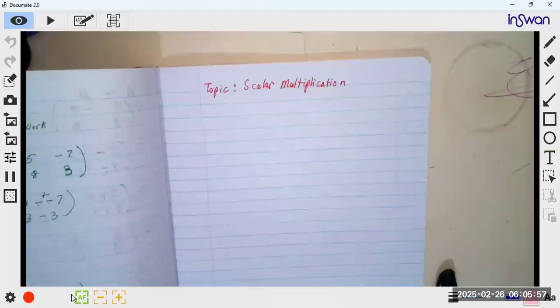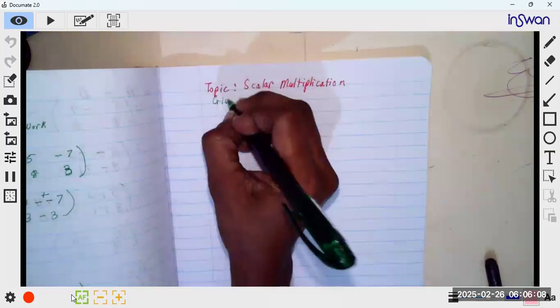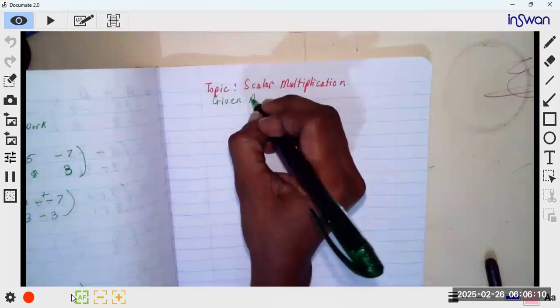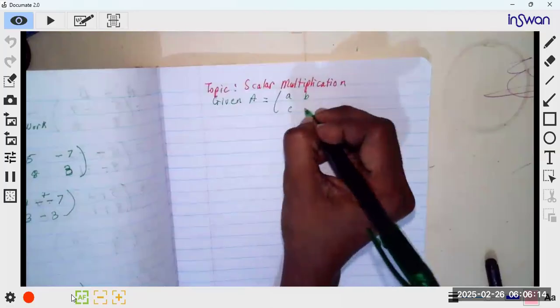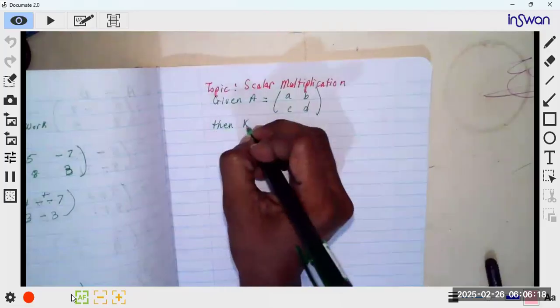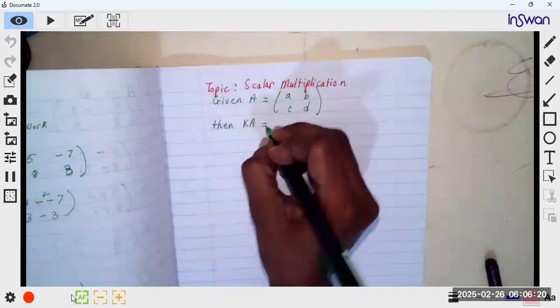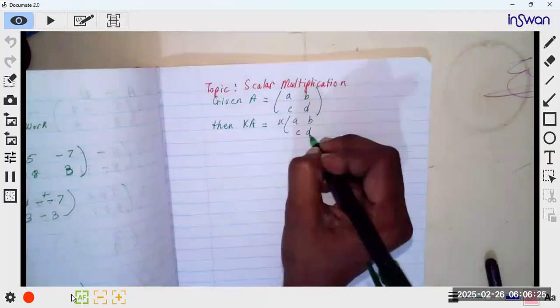Now, scalar multiplication is like this. Using the scalar, each element in the pair of brackets is multiplied by the scalar quantity. So if we are given A equal to the matrix a, b, c, d, then K times A is equal to K by a, b, c, d.